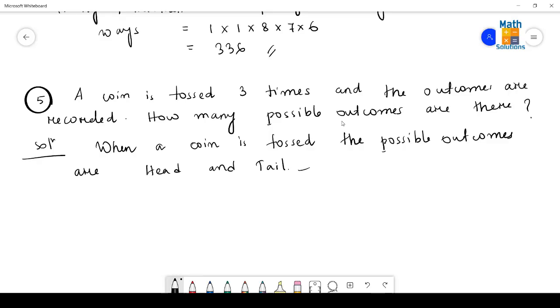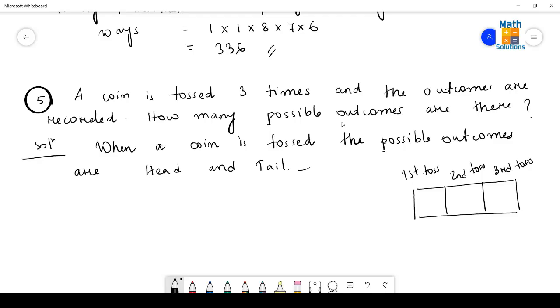Now in this case, the coin is tossed 3 times. So let's make 3 boxes for these 3 tosses. The first box is for the first toss, the second one is for the second toss, and the third one is for the third toss.